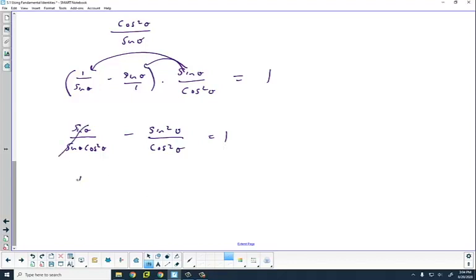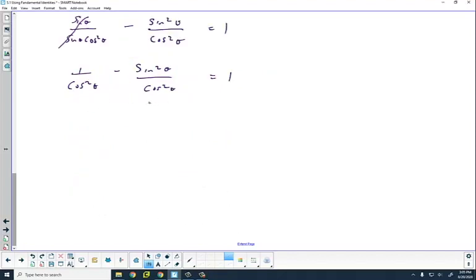This cancels, and I have 1 over cosine squared minus sine squared over cosine squared equals 1. I have common denominators, so I can write 1 minus sine squared over cosine squared equals 1. What's 1 minus sine squared? It's cosine squared. And I end up with 1 equals 1. Here's your Edpuzzle question.